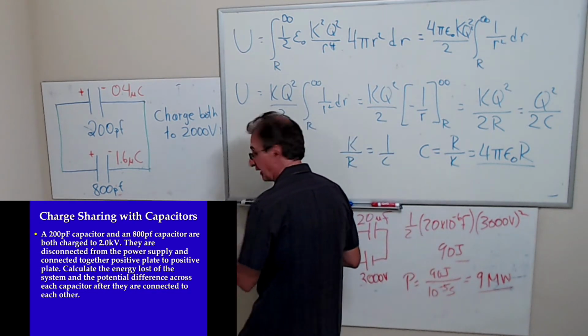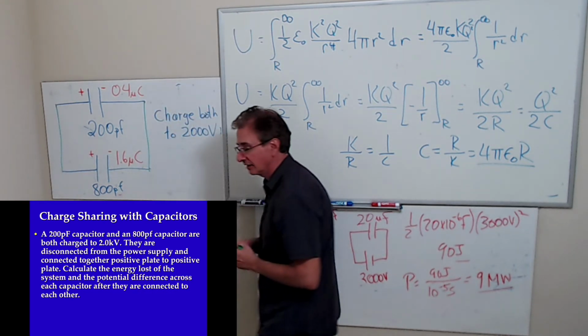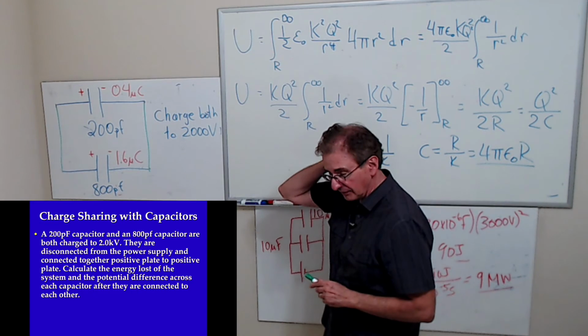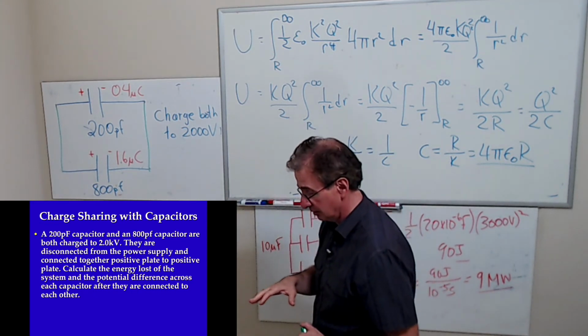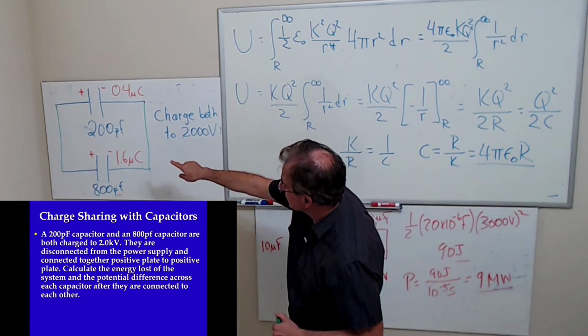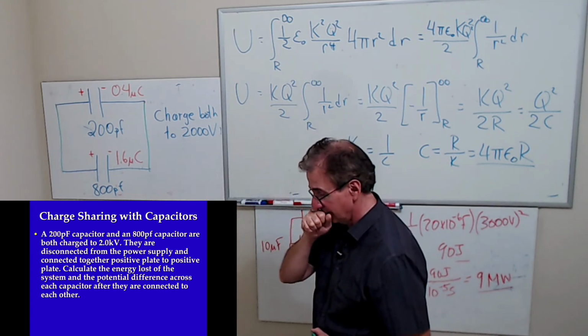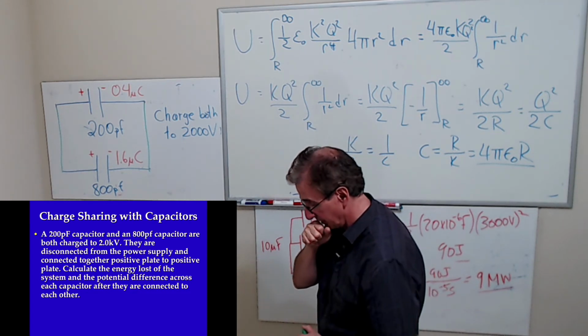And in fact, I forgot to write one more thing. Do they equalize? Yeah, so they're going to equalize, right? Until when? Well, until the charges are equal. But the capacitors are different. Remember the example? I'm sorry, go ahead.